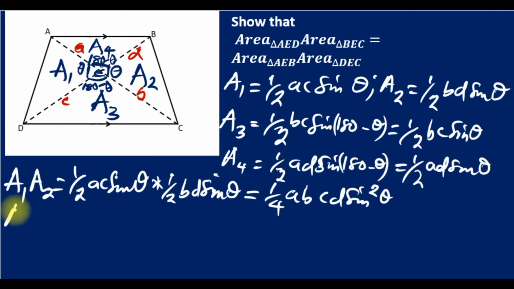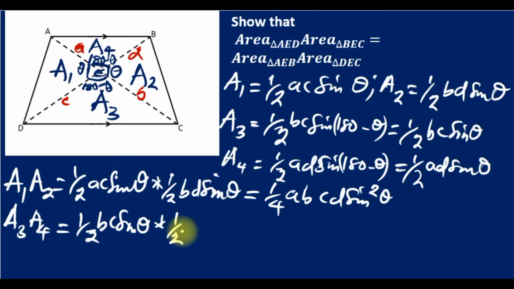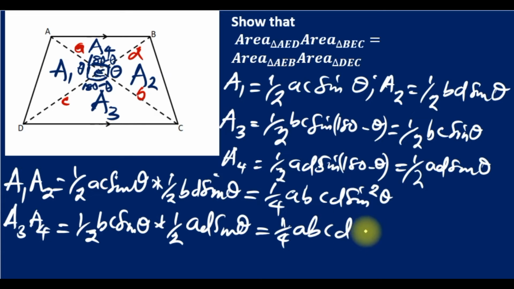So again, let's do A3 times A4. We have half BC sine theta times half AD sine theta. Again, we have 1 over 4 ABCD sine square theta.